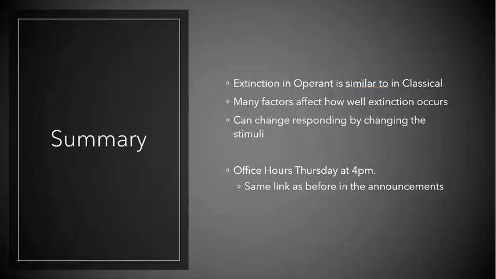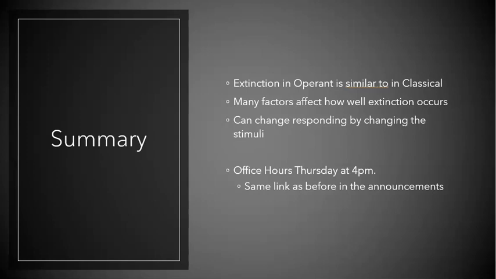It should be fun. So, in summary for Chapter 8, extinction occurs in operant conditioning very similar to classical conditioning. We have many factors that affect how well extinction occurs. So, what's going to be resistant to extinction and what's not. Also, we saw that there's a lot of stimulus control, and changing the stimuli, how we present the stimuli, can actually change our responding.